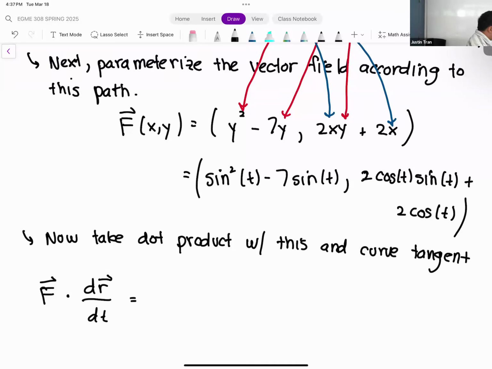If you do this symbolically first, this is going to be f1 times dx dt plus f2 dy dt, which is exactly what we have in the integrand of our Green's theorem, in the more simplified version that's easier to plug in. So let's plug in for all of these, because we have f1, we have f2, and we have the tangent of our curve, dx dt and dy dt.